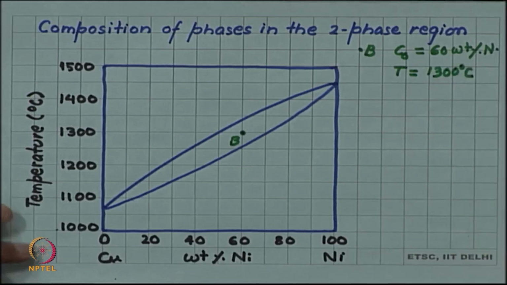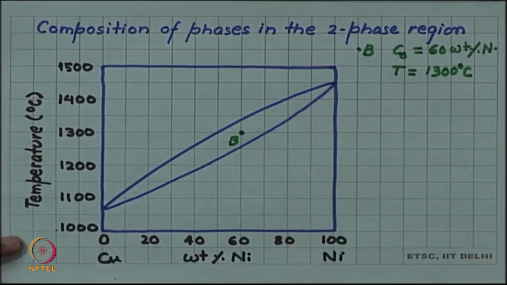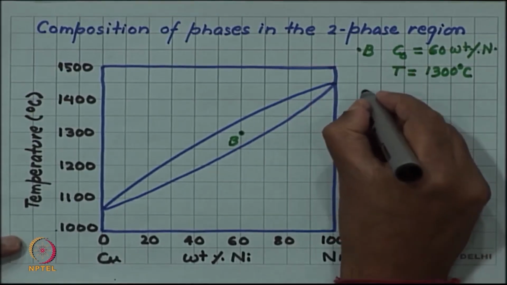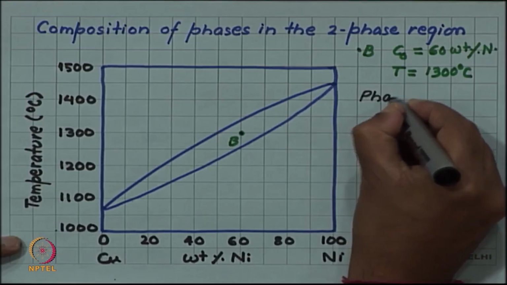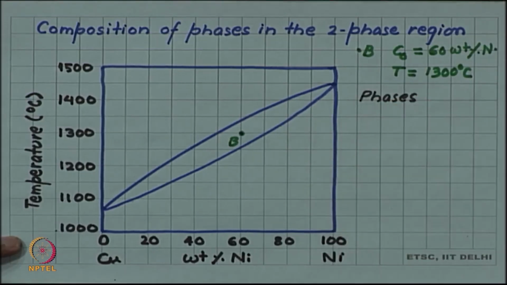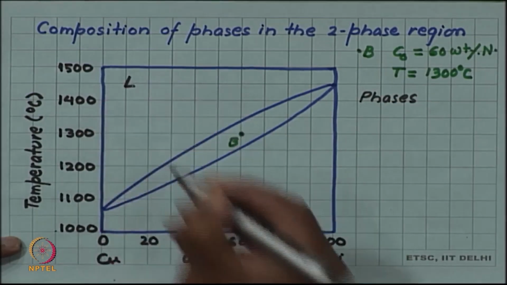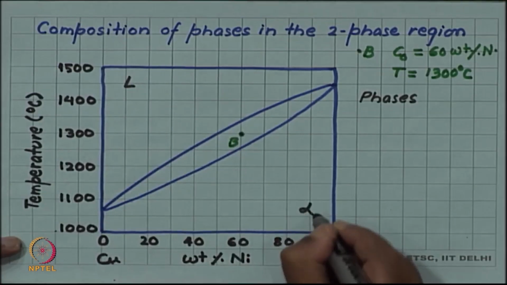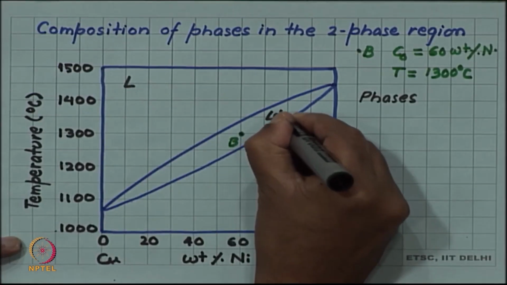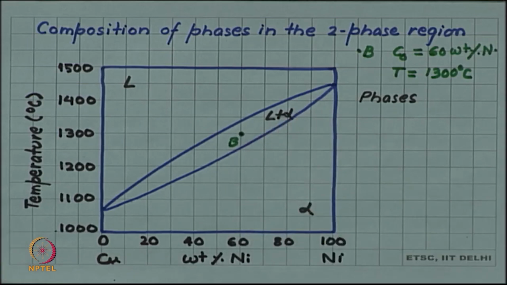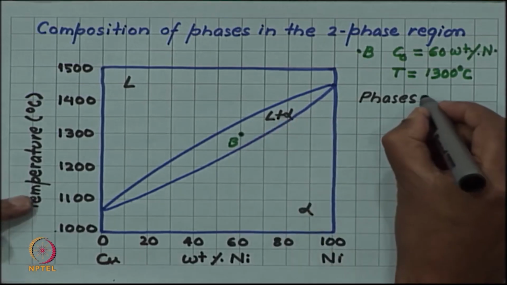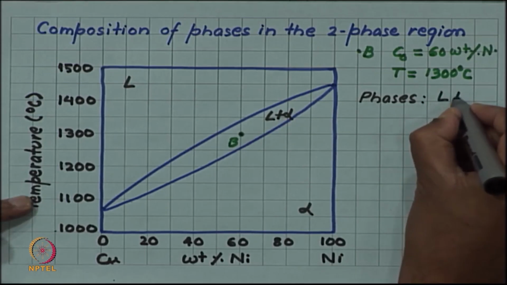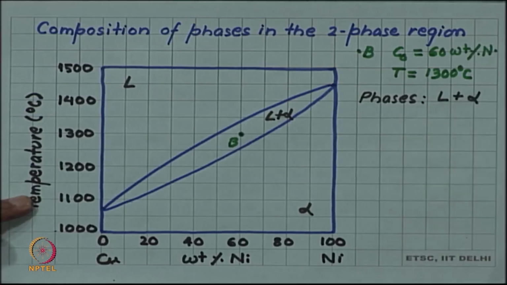So, that is the point of my interest. First of all, I will of course like to find out what the phases are, and if you recall, this was the liquid region, this was the alpha region, and this lens is a two phase region, liquid plus alpha. So, the phases present are liquid and alpha.